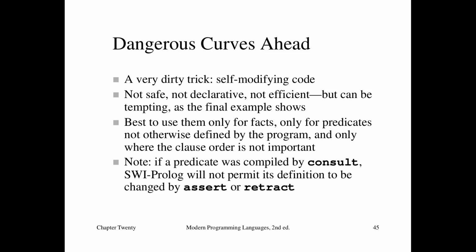Finally, when you use consult, it compiles that code into Prolog. So if you read things in through consult, you cannot modify them with assert, retract, or retract all. So bear that in mind.